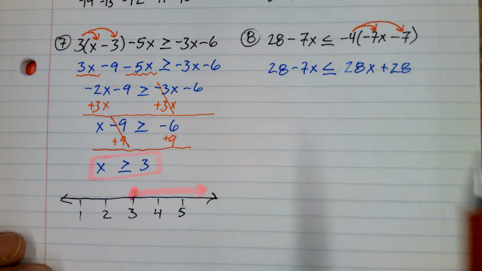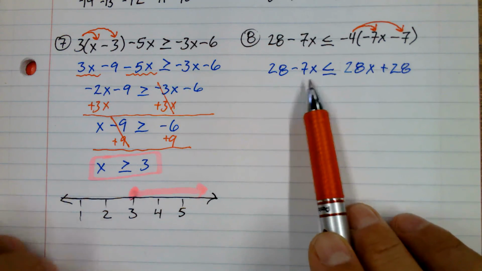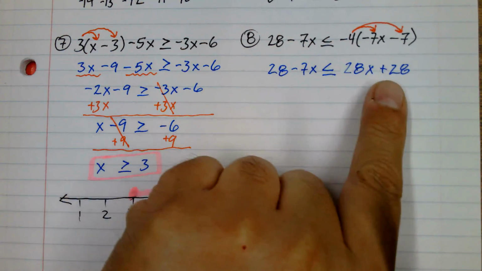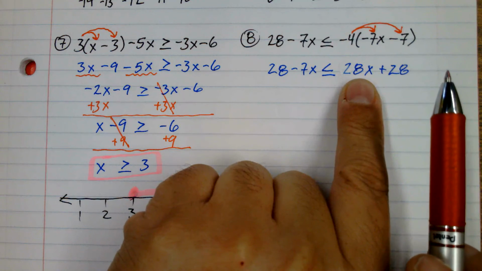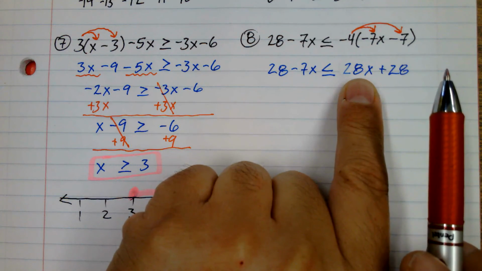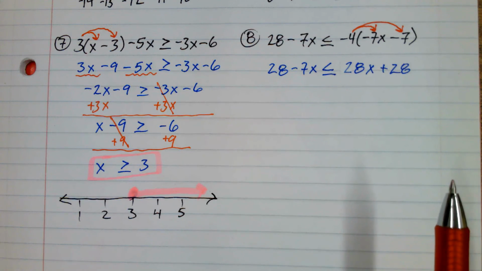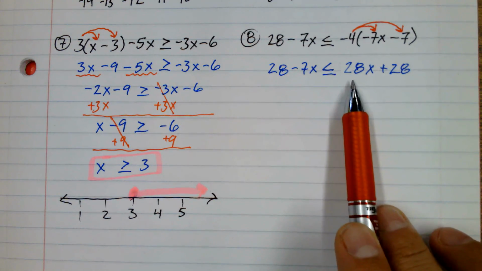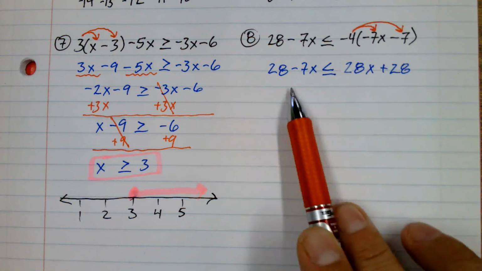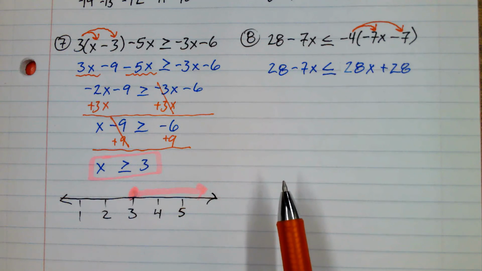Okay, let's take a look. If I add 7x, I would get rid of it here, and I would add 7x there, and that would be 35x. That really wouldn't change anything, so that would be okay. If I get rid of the 28, that really wouldn't change anything other than I'd have negative 35x there.